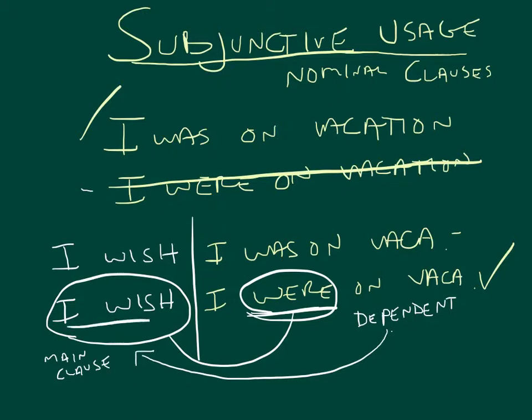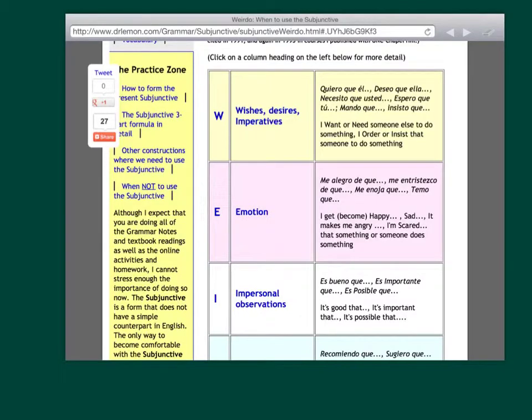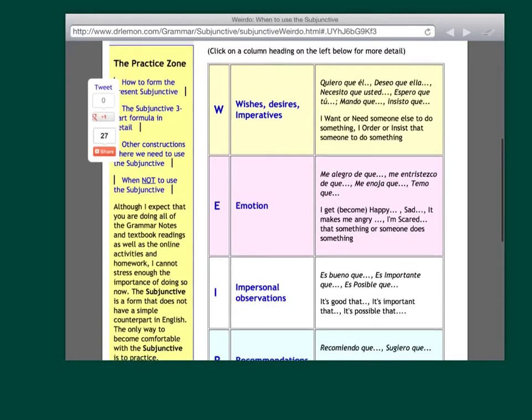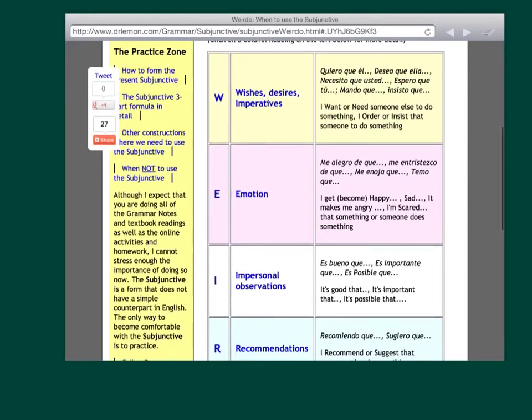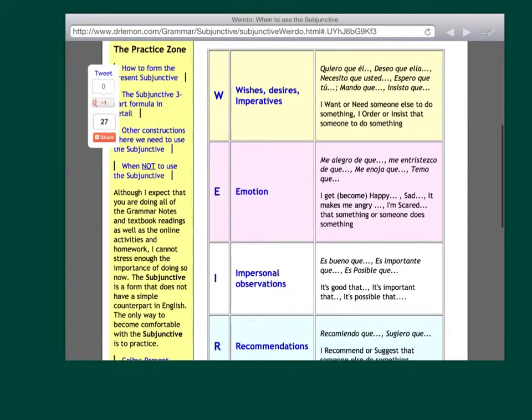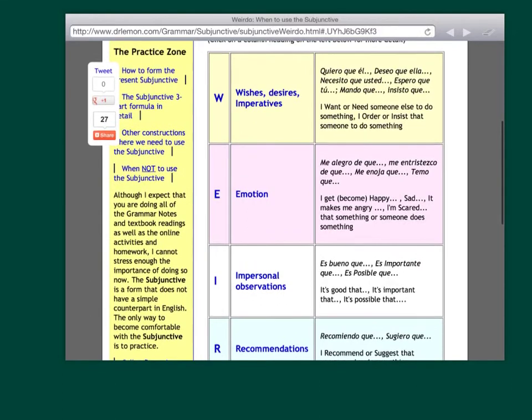So, how do you know when what it says in the main clause will influence what it says here? Well, it's actually very simple. What we want to look for is what I call WEIRDO. Some teachers will also call this WEDDING. You use that as an acronym. So essentially, that main clause has to be one of these weirdos.